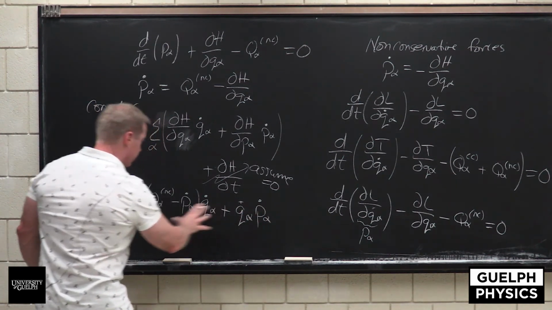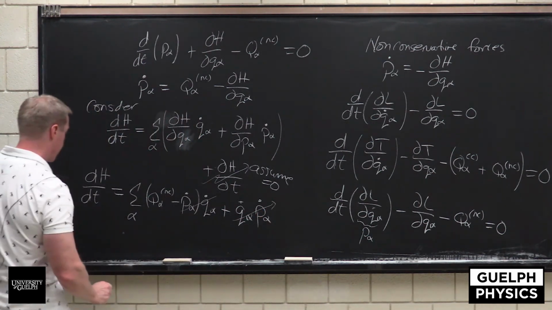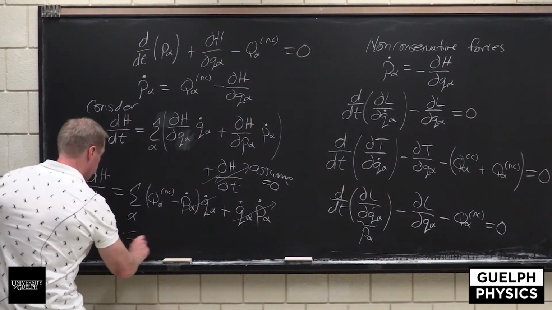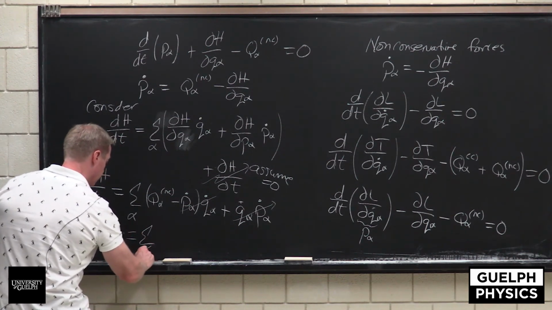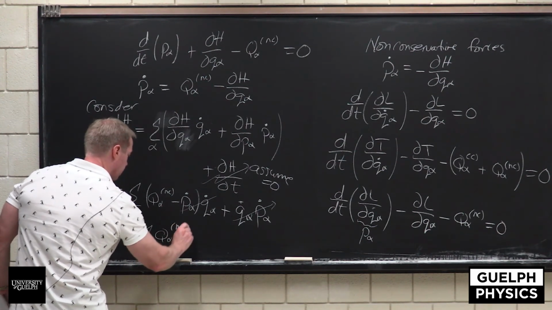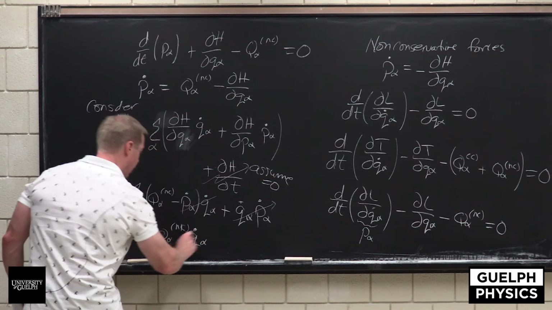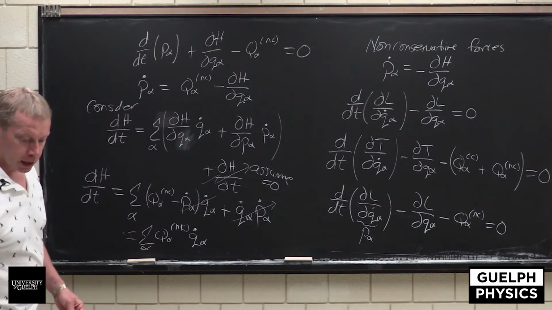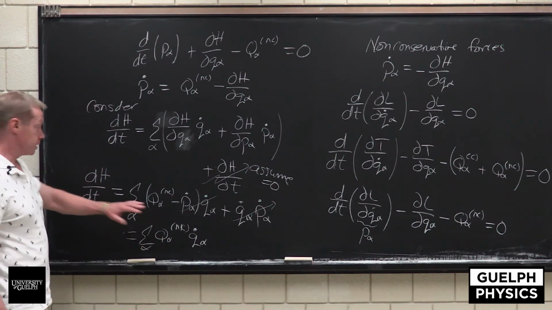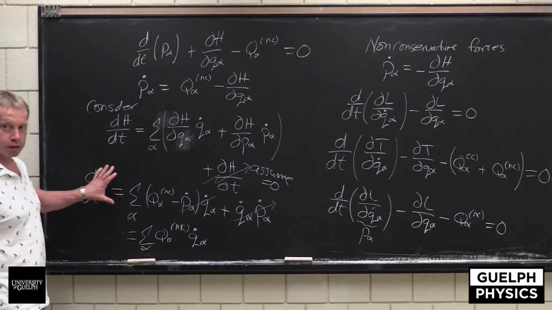So with these definitions, these two terms cancel, and so the time derivative of the Hamiltonian just becomes a sum over my non-conservative forces times Q alpha dot. And so if there are no non-conservative forces, then the time derivative of the Hamiltonian is equal to 0.